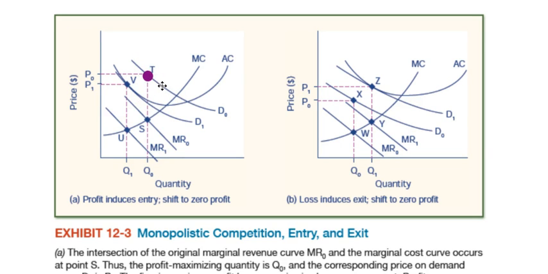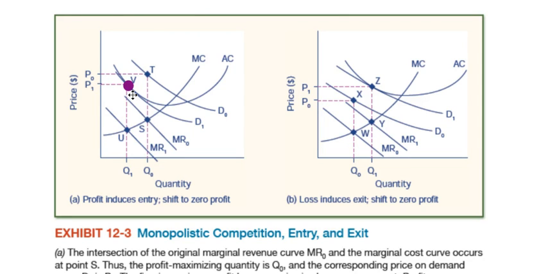As more firms come in, they'll lose customers to the newer, fancier brand of toothpaste. That shifts all their demand curves to the left until average cost equals price, and at that point, they're going to make zero economic profit.